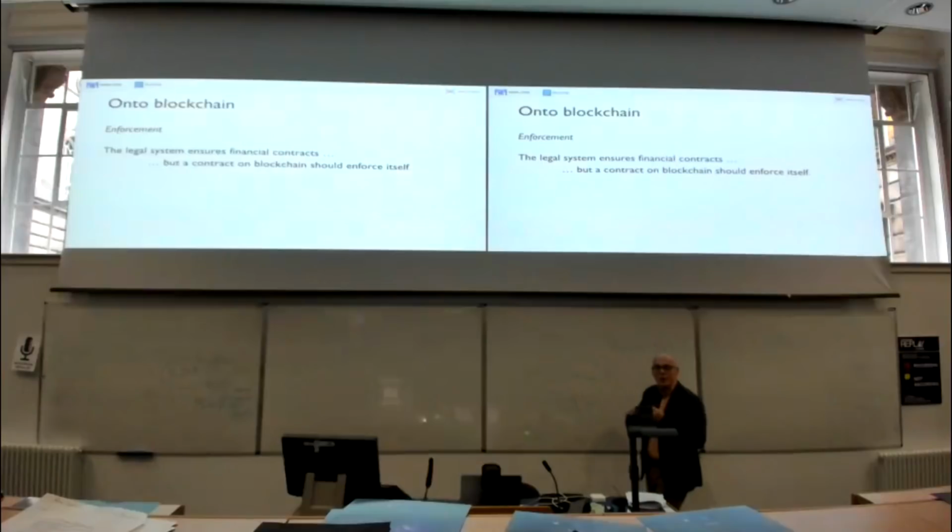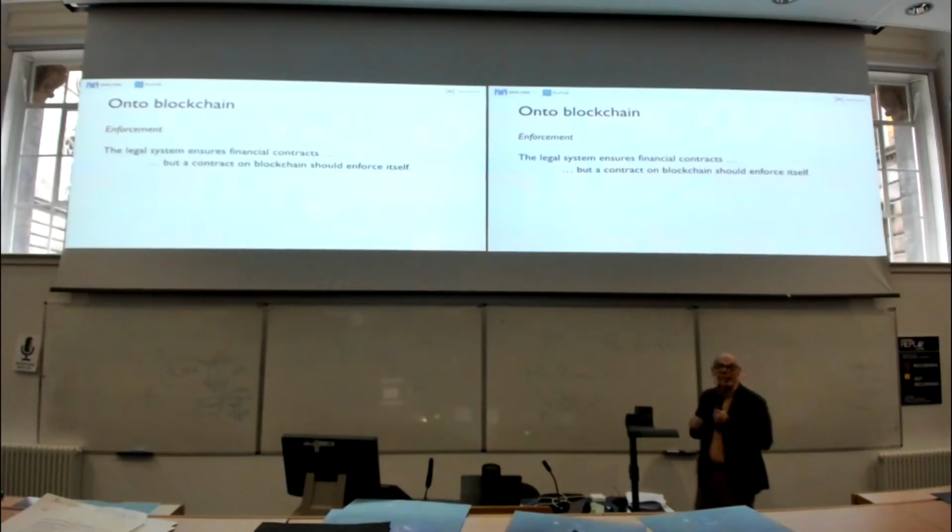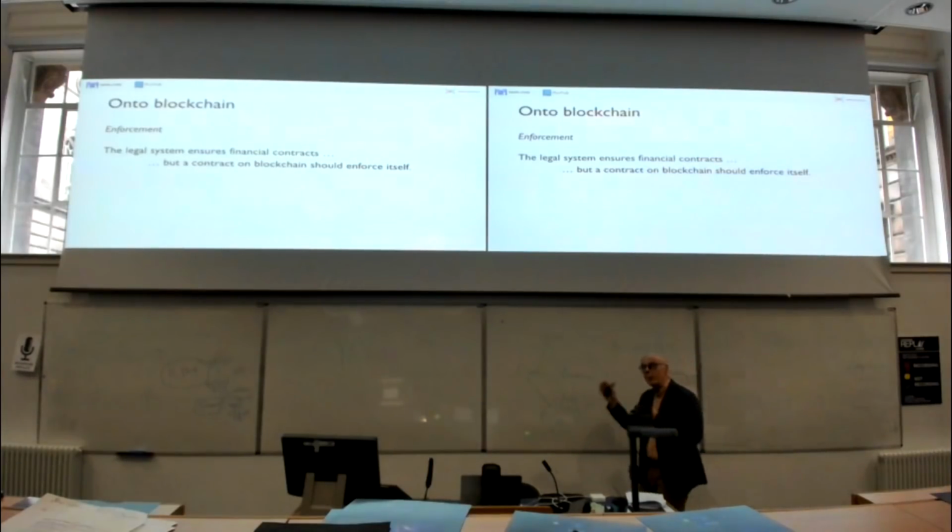So a typical contract in the old-fashioned sense is one which describes what should be the case. It says Alice should pay money to Bob, etc. But if Bob doesn't pay Alice when he should, Alice has recourse to the legal system. She can sue him. What can we do to replace that?